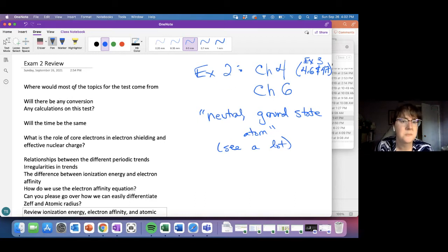So that's the general idea of what's going to be on the exam: 2 chapters. As far as where most of the topics for the test will come from, this is always a good question. We are writing the exam now. Based on what's been assigned, we're aiming for slightly more questions in chapter 4 than chapter 6. My voice went up with that kind of question mark because whenever we assign topics, that's not a guarantee of what the end exam will look like.